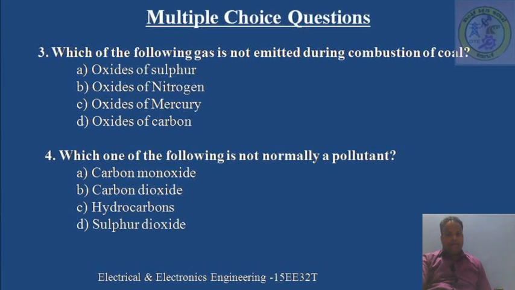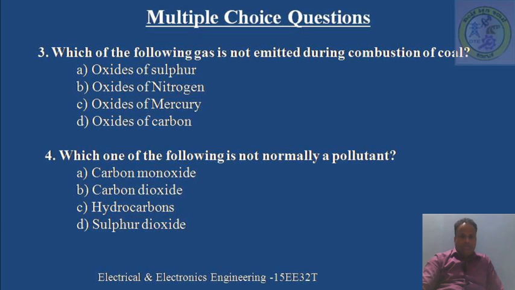Which of the following gases is not emitted during combustion of coal? So far we have studied that when coal is burned in a boiler, combustion takes place and various gases or substances are liberated. Oxides of sulfur are emitted from the stack.